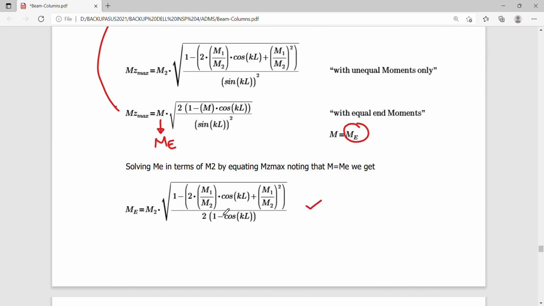So this value here now is actually the Cm value that transforms your maximum moment at the end M2 into an equivalent moment ME.